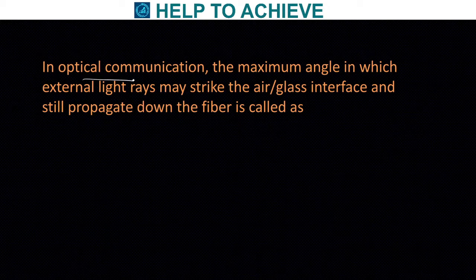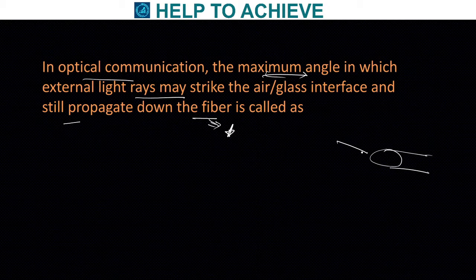Next, in optical communication, the maximum angle at which the external light may strike the air-glass interface and still propagate down the fiber. So in the case of a fiber, what they're saying is, what is the maximum angle at which the light rays can enter so that this light will propagate inside this fiber? This is nothing but the definition of the acceptance angle.